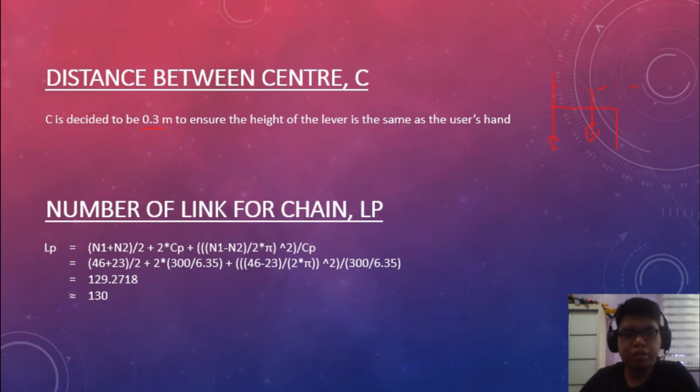So the formula for the number of links is the length of chain, represented by LP, which actually means L over P, equal to this one.